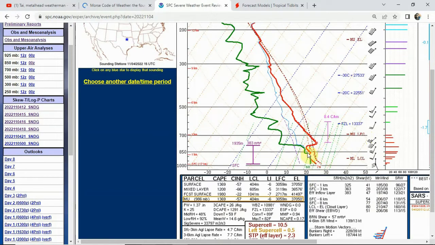And you can also see the capping inversion here. So it was unstable in the higher levels of the atmosphere, but there was some warm air aloft that was blocking those air parcels from rising from the surface. This of course would break later and allow for severe storms to develop, and we would go from there.